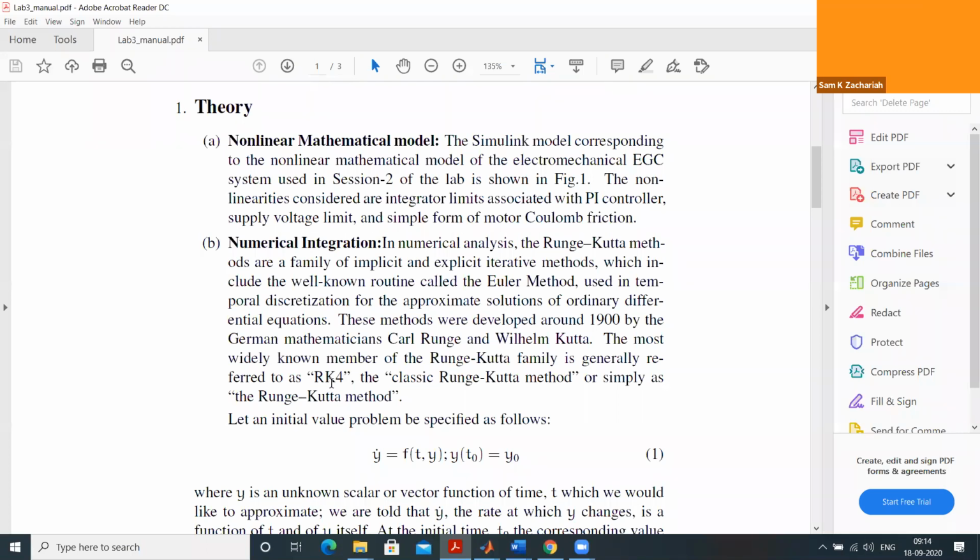If you go to a higher order Runge-Kutta method, it will become computationally more complex, but accuracy will improve. If you go to a lower order, computationally it will be fast, but accuracy will decrease. So RK4 is accepted as a generally good model, a compromise between accuracy and computational complexity.